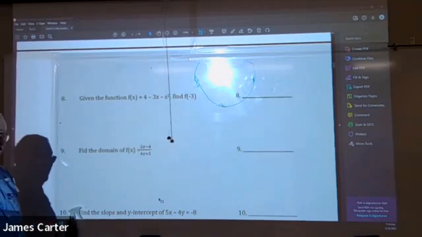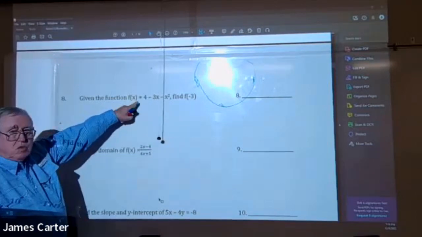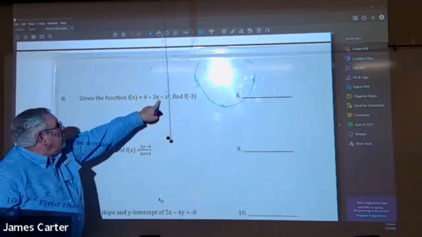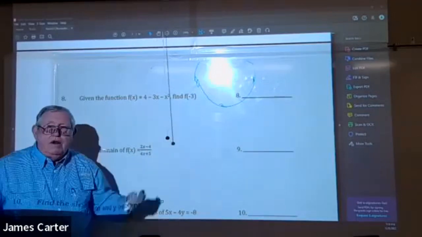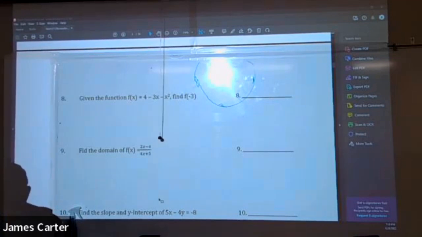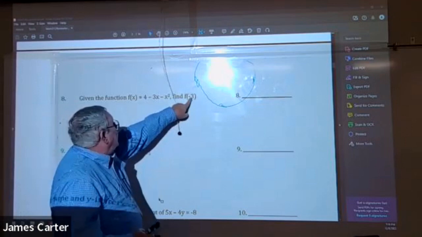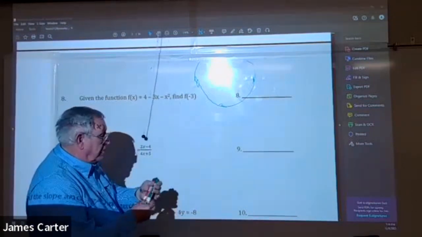Be calm. Okay, given this function, remember this is y equals that. Find f of negative 3. What are they asking you to do? Just a substitution. They are saying, put -3 into this equation and substitute it.